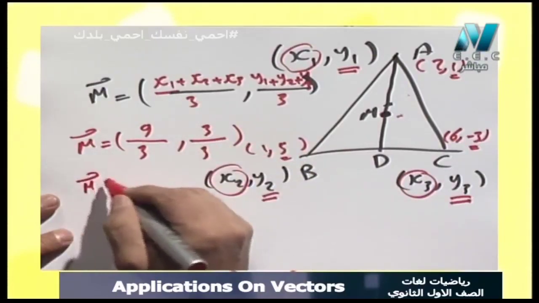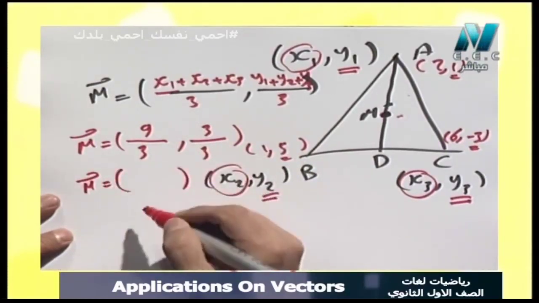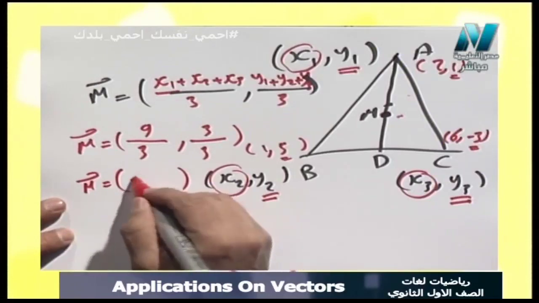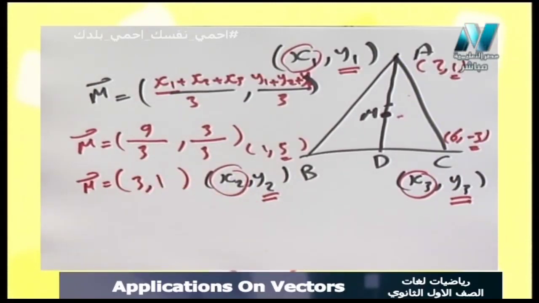So the coordinates of M or the vector M equals 3 and 1. And now we have deduced the important rule for us.